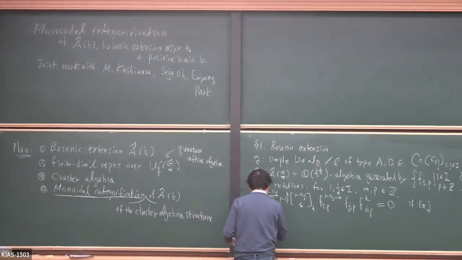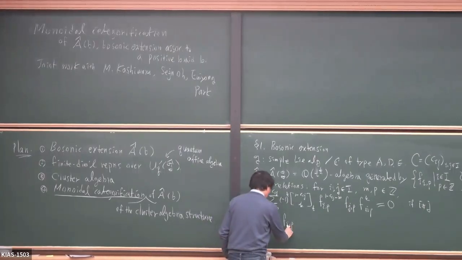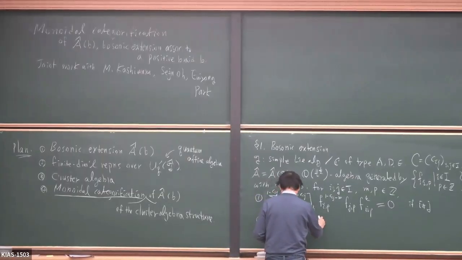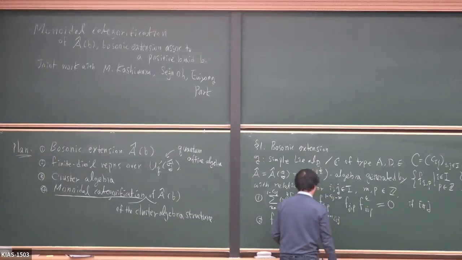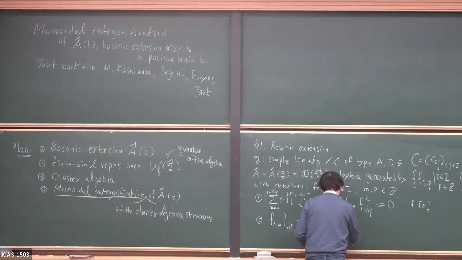So F_im and F_jp, if we multiply those two generators, then it's t to the power of minus (p minus m plus 1) times C_ij, times F_jp and F_im.